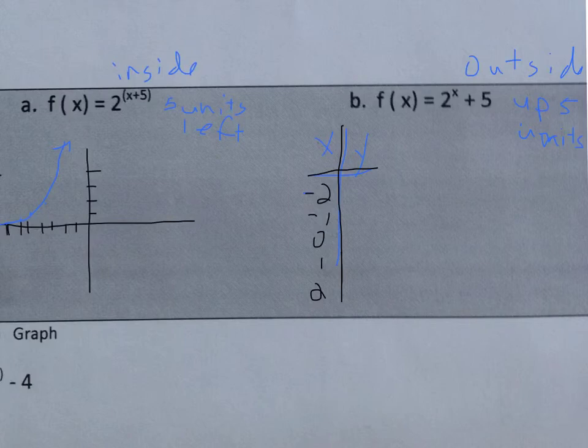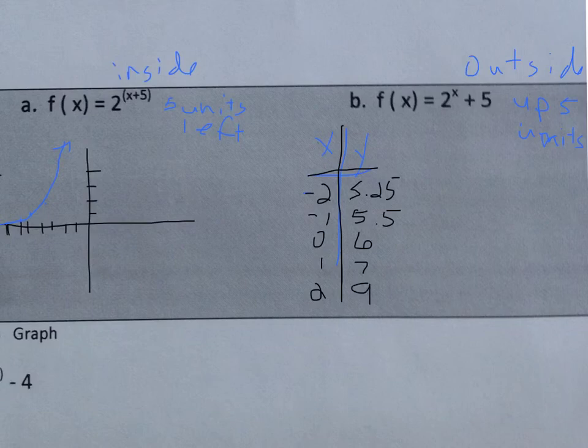Well, that means it's still going to be the regular 2 to the x graph, but it's going to be moved up 5. We're just going to add 5 to each one of those y's. So -2 would be 5.25. And then -1 would be 5.5. And then 0 is 6. 1 is 7. And then 2 would be 4 up, so it is 9.